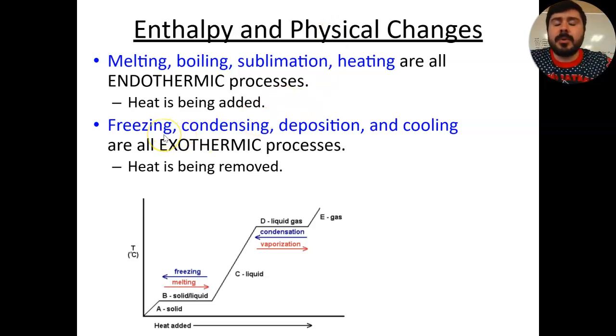Now, when it comes to phase changes like freezing, condensing, and deposition, it's a totally opposite thing. These are all exothermic processes. Let's think about freezing, for example. Maybe you've got an ice tray that you filled up with water from your sink, and you pop that ice tray into your freezer and come back two hours later, and you've essentially created ice.